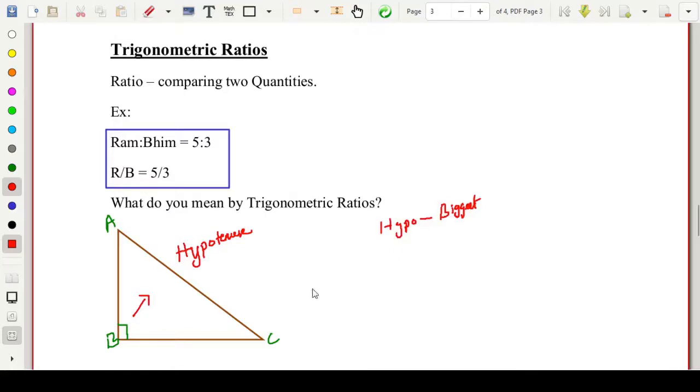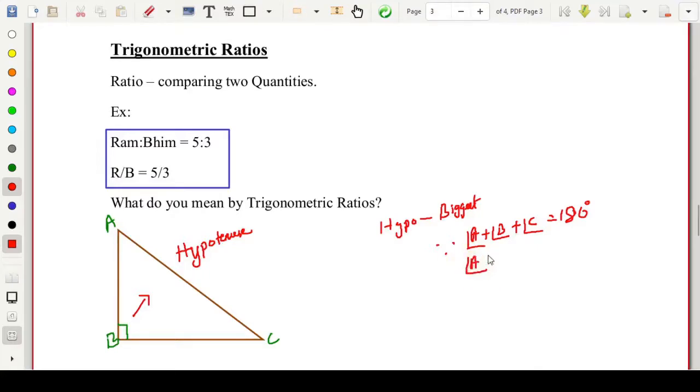Okay, a side which is opposite to the biggest angle is called the hypotenuse. Now, how can we say angle B is the biggest angle? It's the biggest angle because we know that angle A plus angle B plus angle C equals 180 degrees.